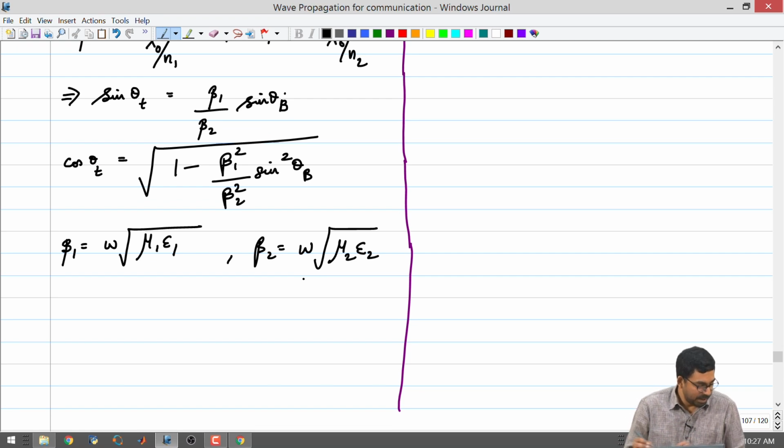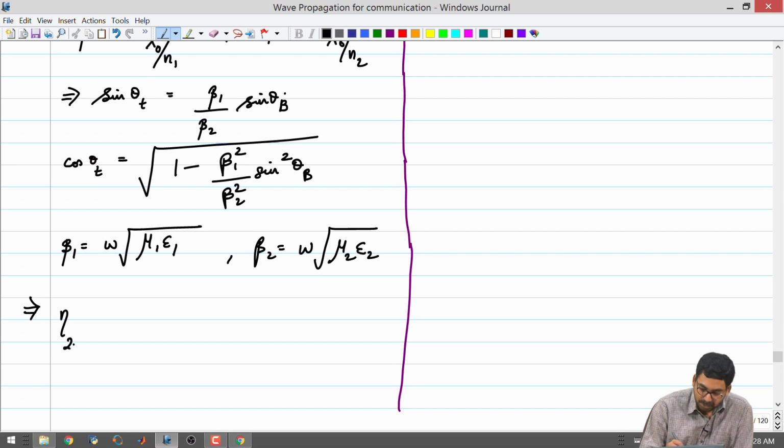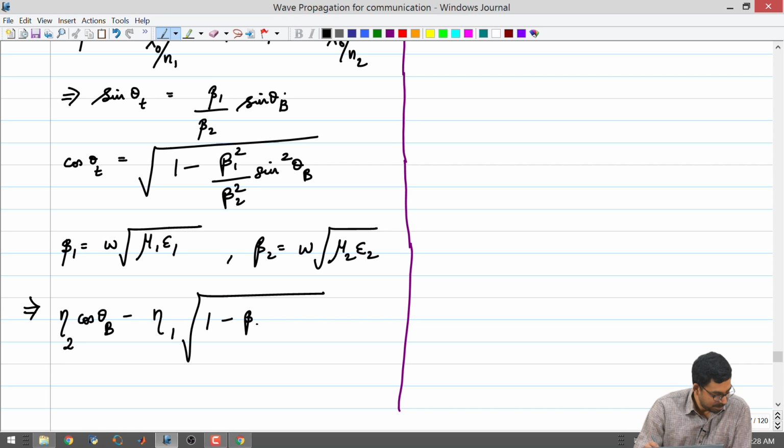For example, if you were to take the original expression where we started, numerator of the reflection coefficient equal to 0, and substitute, you will have eta 2 cos theta b minus eta 1 square root of 1 minus beta 1 square divided by beta 2 square sin square theta b.